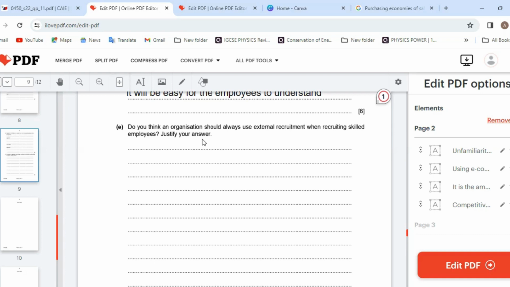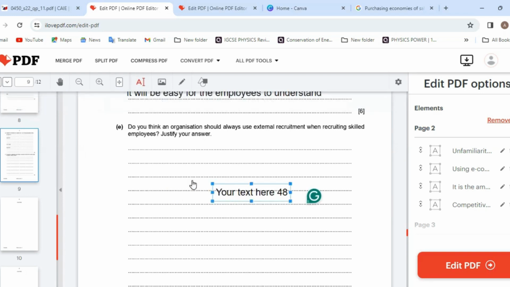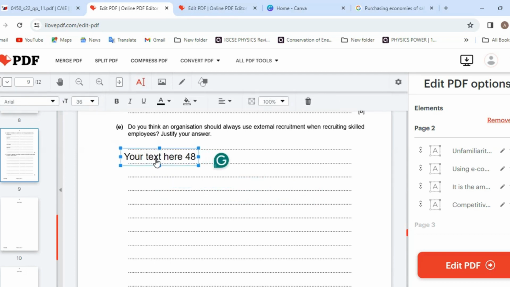Of course, when you are dealing with external recruitment, the workers will bring in new skills that could motivate your productivity.